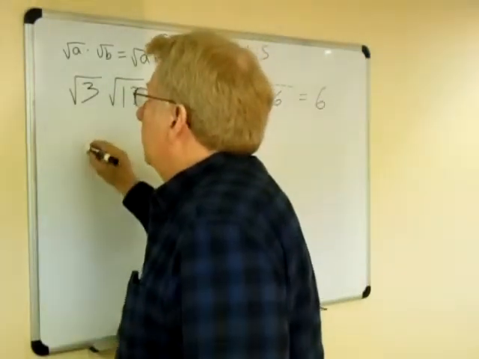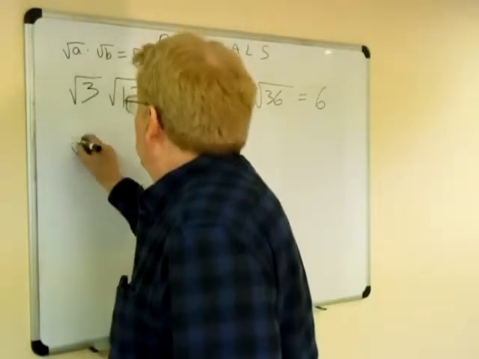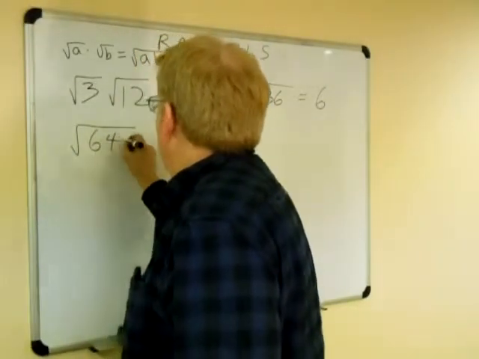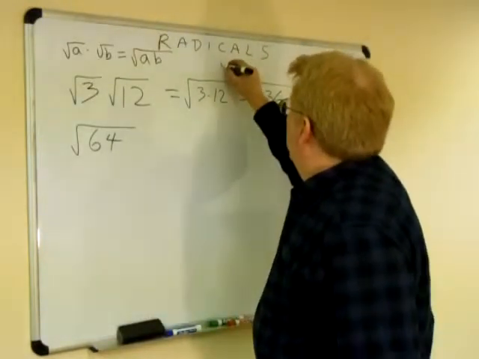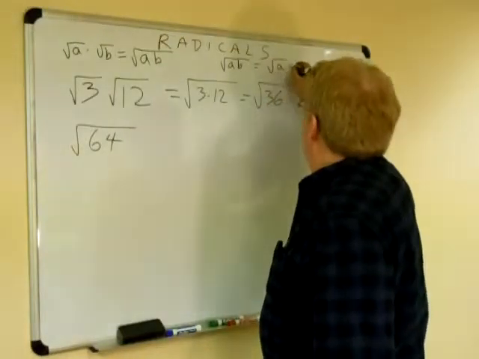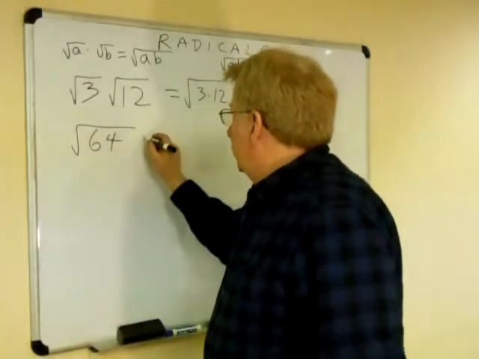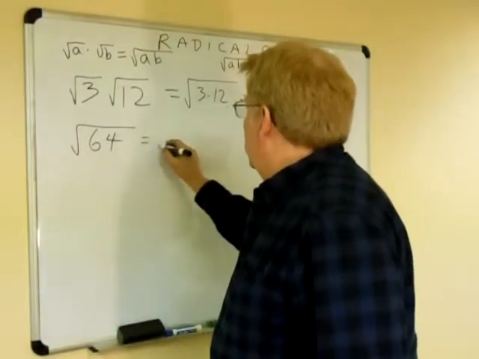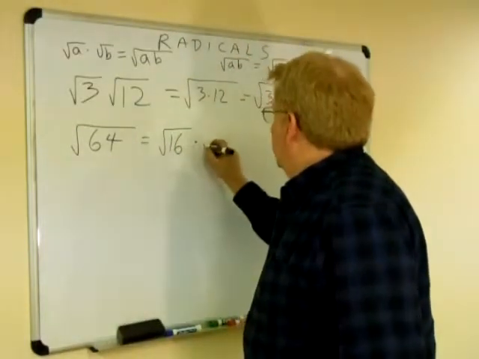Another example, we can take the square root of 64. Now we're going in the opposite direction, so the square root of AB equals the square root of A times the square root of B. So the square root of 64 would be the same as the square root of 16 times the square root of 4.